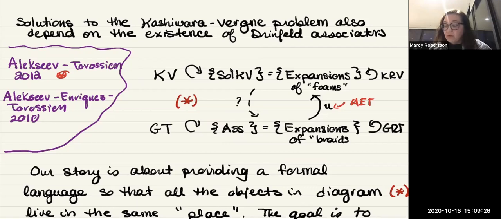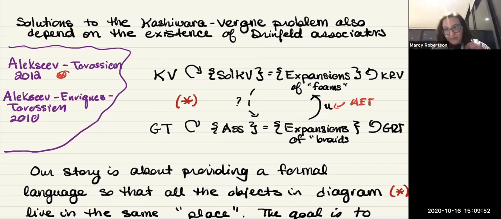So my goal with Juji and Eva is to give a topological understanding of what's going on in this problem, and to get an explicit relationship between the associators and solutions to KV. So what we'll be talking about today is a small piece of that, which is about providing a formal language so that all the objects in this diagram now live in the same place.